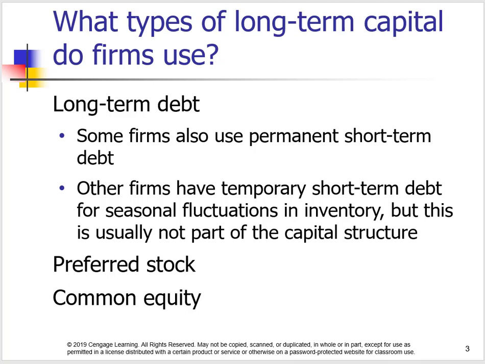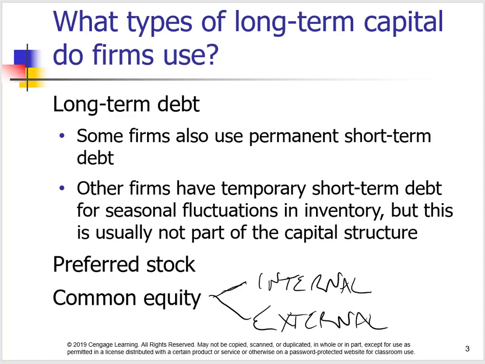When you think of common equity, though, we also have to think of this financing could be internal from the profits of the company, or it could be external from the sale of common stock. So essentially, we're looking at four sources of financing long term for the company. Now, for most companies, a vast majority of the companies don't have preferred stock.